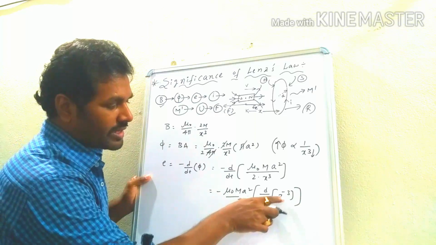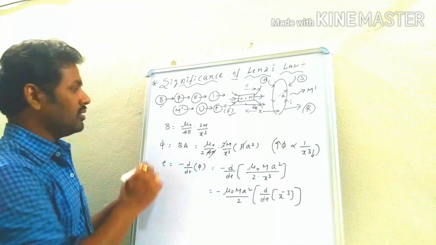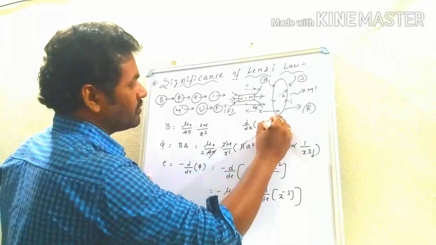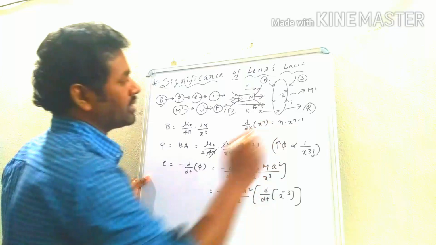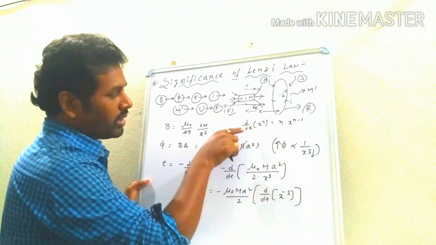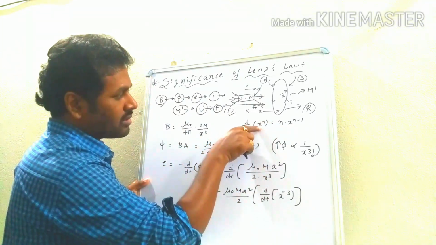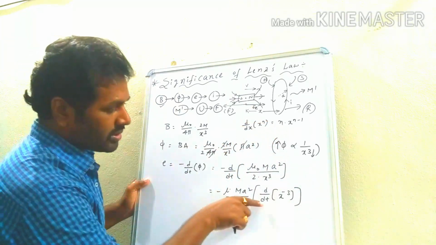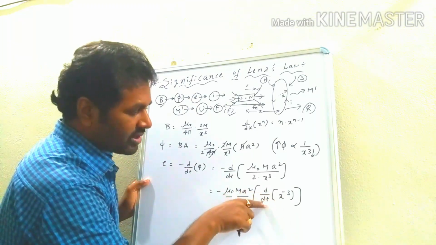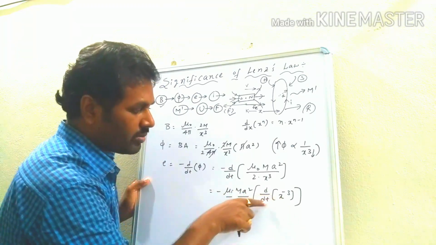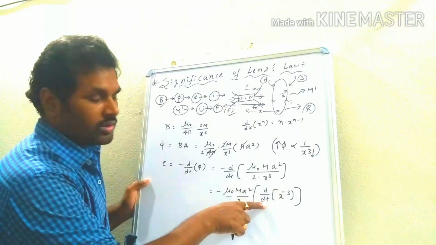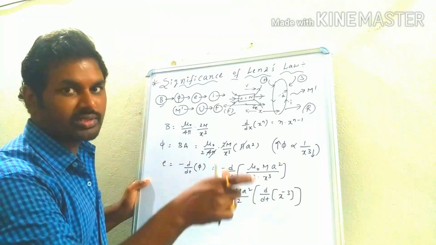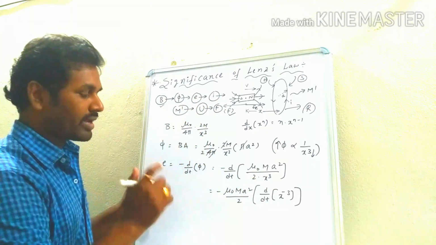And for the derivative of x power n, what's the formula? I can write d by dx of x power n is equal to n into x power n minus 1. Be careful, here we are differentiating x with dx. So this equation is being used. But here we are finding the differentiation of the x variable with respect to time. So at last we need to take dx by dt also, which is nothing but the velocity of this magnet.